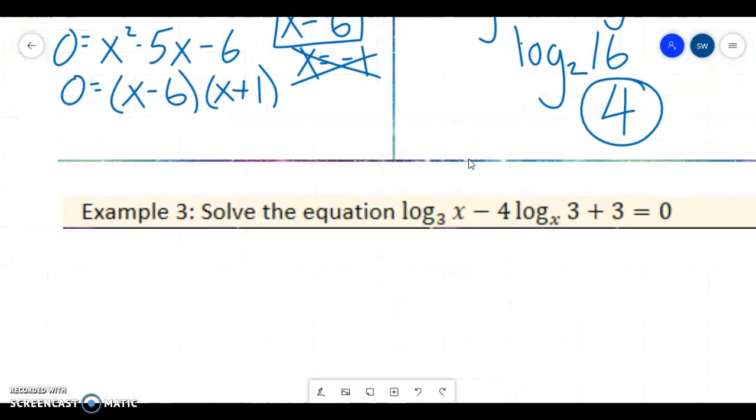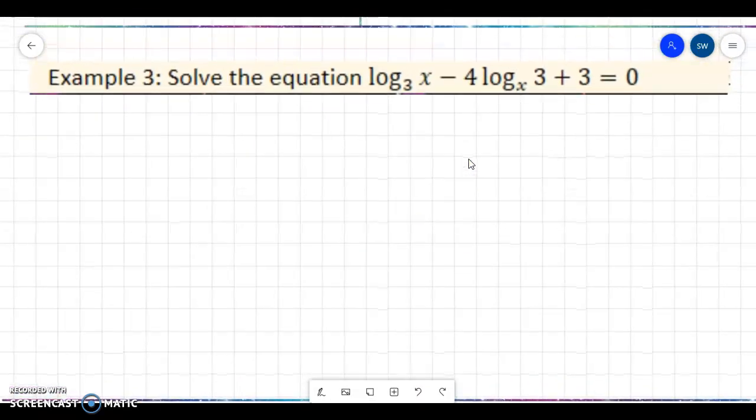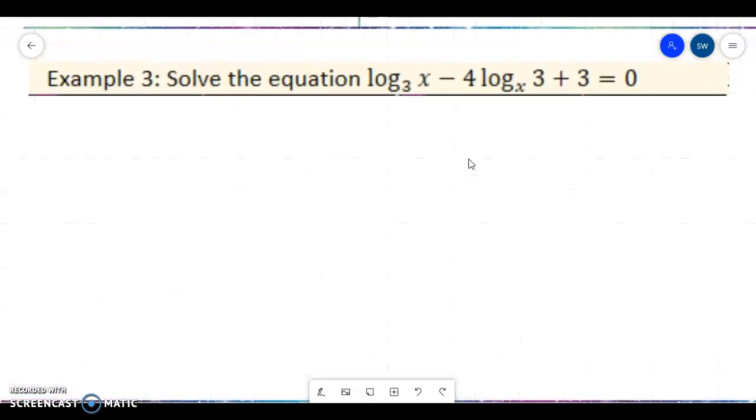Let's scroll up. Now this one's going to be a little more complicated, but I wanted you to see it because it's going to involve converting to a quadratic equation as well as using change of base. If you look at this, I can't combine these two logs in any way because this one's base 3 and this one's base x.